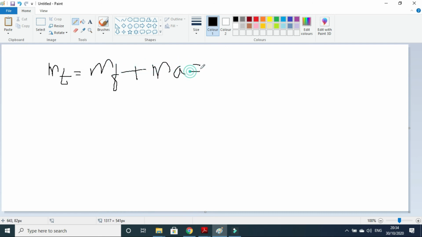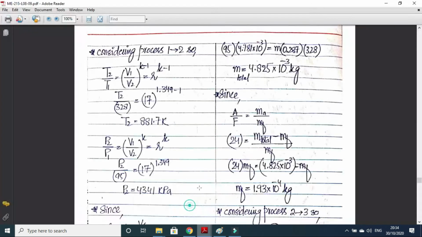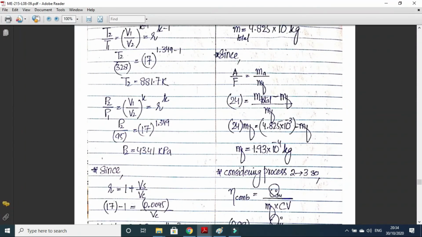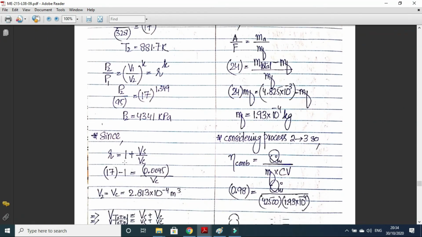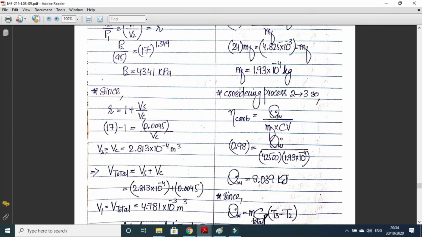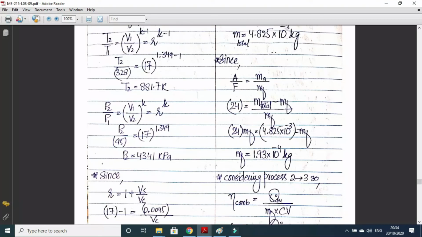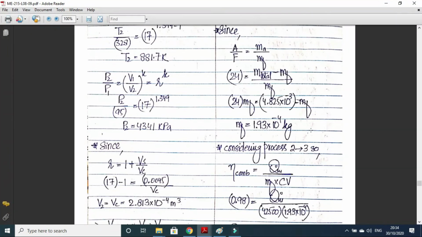So here we can write mass of air will be equal to mt minus mf. So we can calculate mass of fuel. Now this mass of fuel will be used. So we calculated V2, V1 and total mass to calculate the mass of fuel.